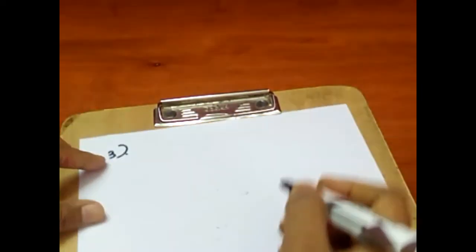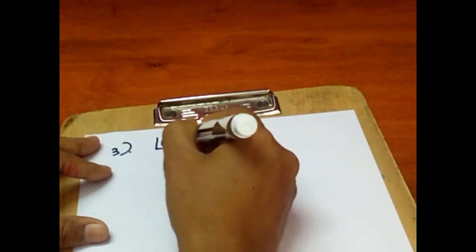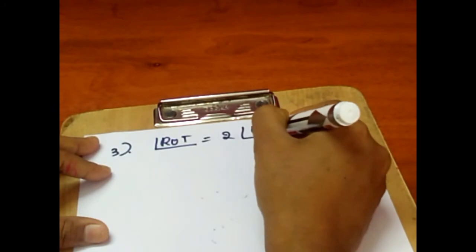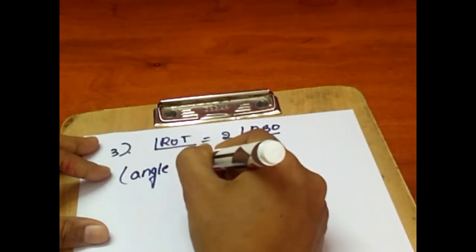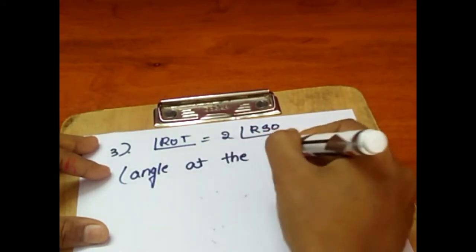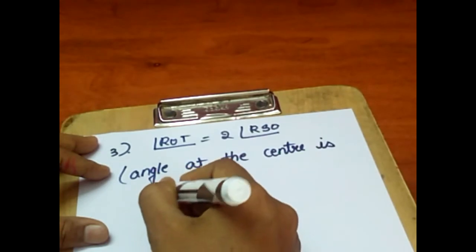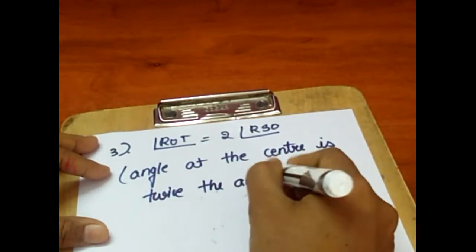Let us write the same. Point number 3. Angle ROT is twice the angle RSO. Reason: angle at the center is twice the angle at the circumference.